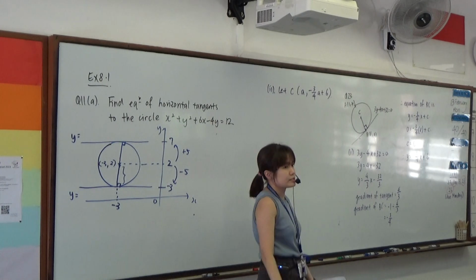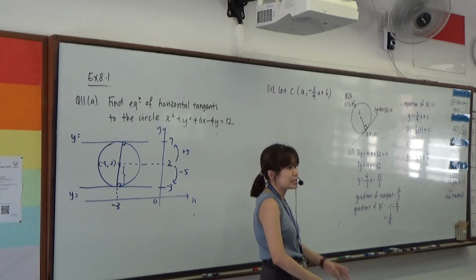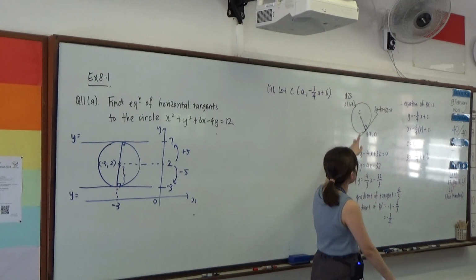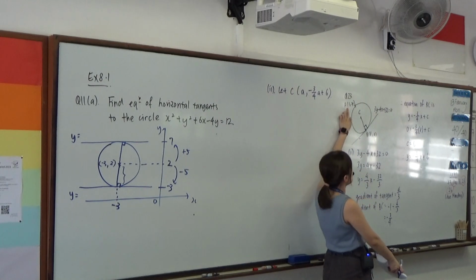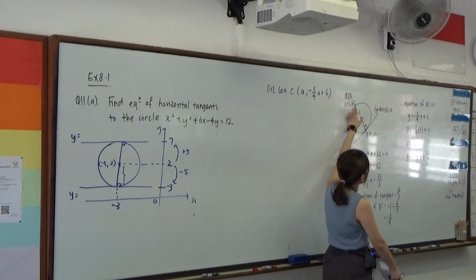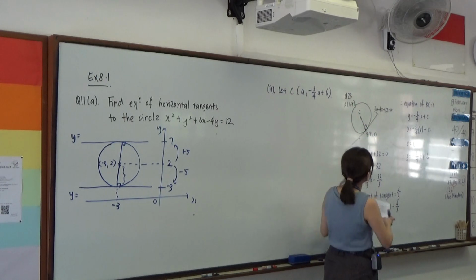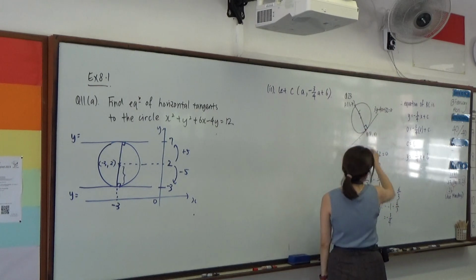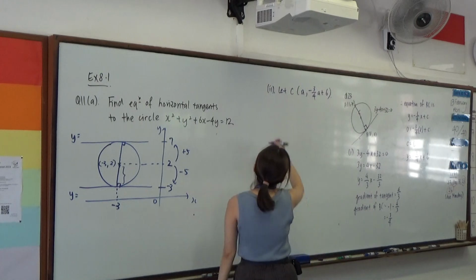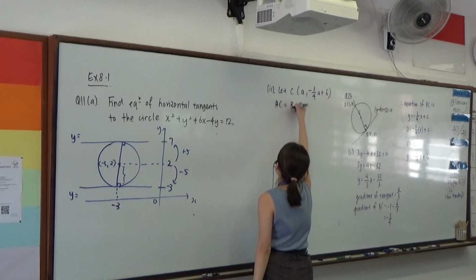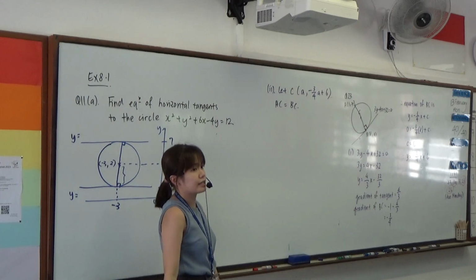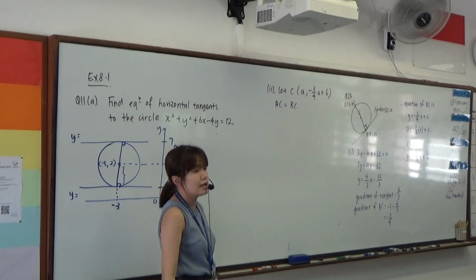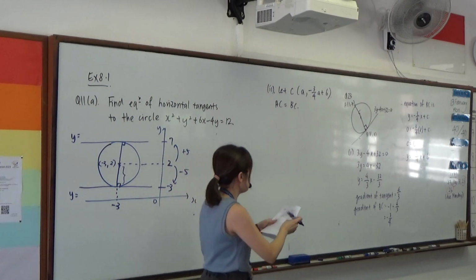But so what? This is definitely not the answer that we want because I must know the value of A. The only other way around this is to make use of the coordinates of A, which we have not yet used. We know that A is found on the circle, and B is found on the circle. If I were to draw a line from A to C, it should be of the same length as the line from B to C, because they are all radii. So we know that AC equals BC. This is the only information that I can gather out of this question. So I must go and find the length of AC and also the length of BC.